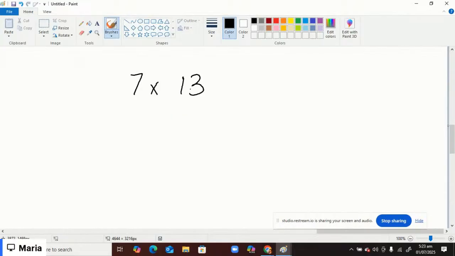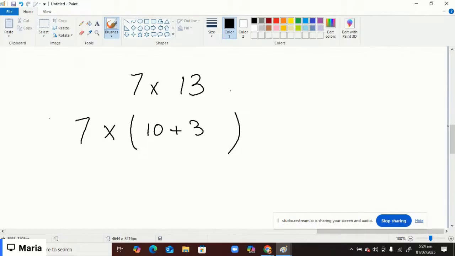Now what do we do? We are using the distributive property. You break down the second number. 7 as it is, times as it is. 13 is broken into two numbers. Maybe you put 15 minus 2, it is also 13. Maybe you put 10 plus 3, maybe 12 plus 1, any kind of number that you are going to put. I'm just going to put 10 plus 3 out here.